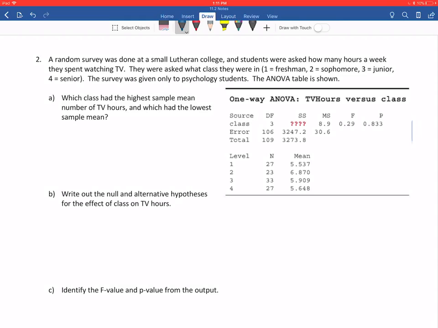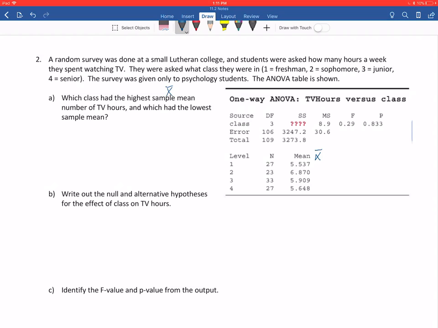So this looks like it's an output from something other than StatCrunch, some other software. It says which class had the highest sample mean number of TV hours and which had the lowest. So again, sample mean is our x-bars. That's what's going to be recorded in our table. We know our sample means, and we're trying to make a statement about our population means.